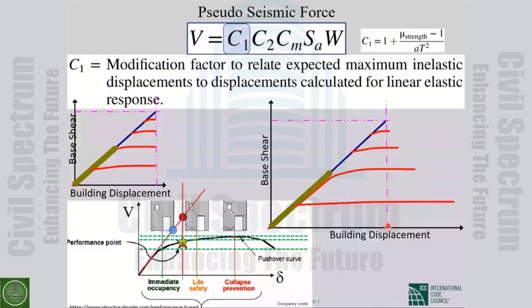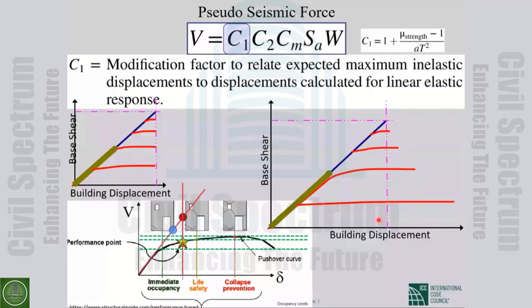Therefore, this C1 wants to model this. If the buildings are shorter, if the buildings are stiffer, and especially when they have less strength, we said that we want the same displacement as the real building.